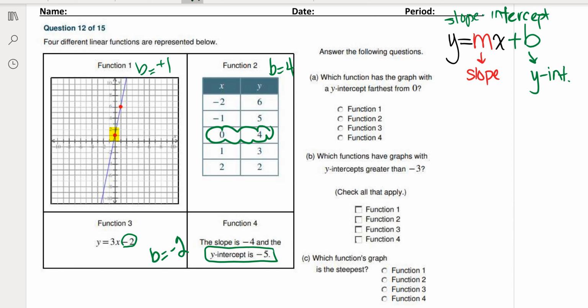So part A, which one of those numbers is the farthest from 0? And I can make that just a little bit longer.